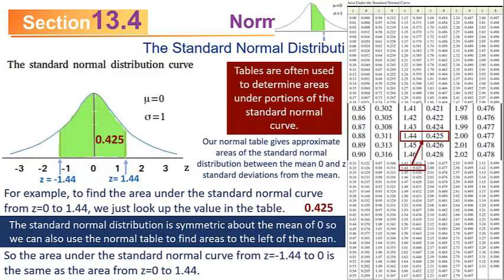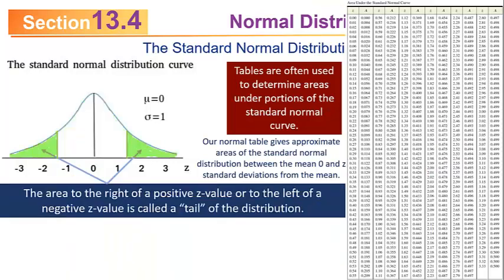However, I know because of the symmetry that the area from minus 1.44 to 0 is going to be exactly the same as the area from 0 to 1.44. So I can still use that same number and get 0.425, even though there is no negative z value in that table. I'm using the symmetry of the situation.